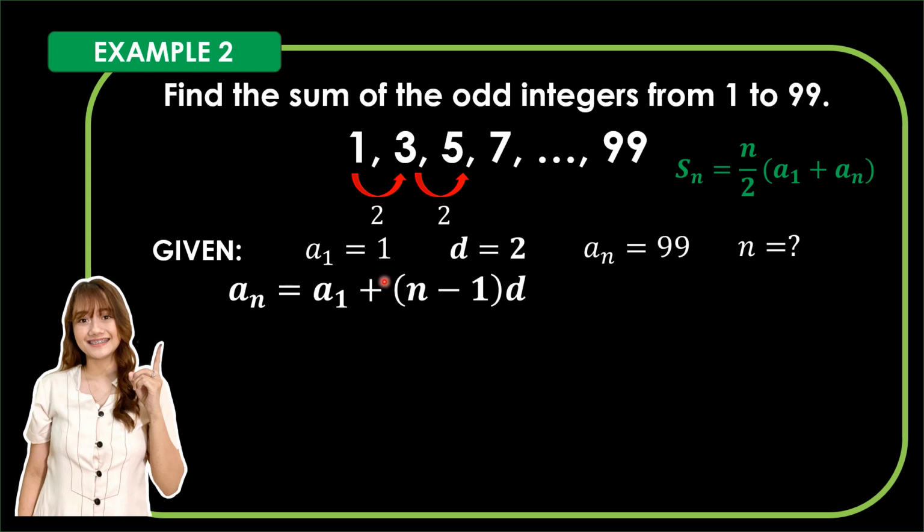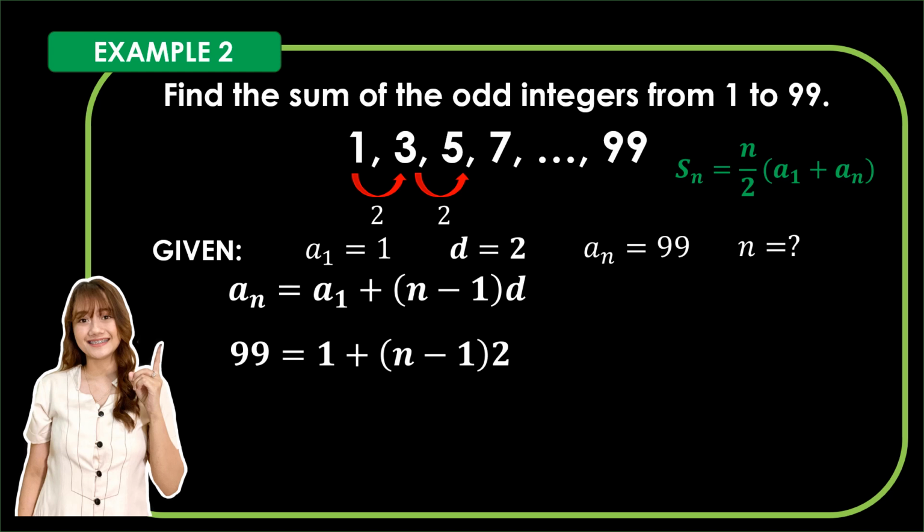Since we are finding n, we substitute the value of the first term and the common difference. We have 99. We get 99 here because our last term is 99. So we have 99 is equal to 1 plus the quantity n minus 1 times 2.